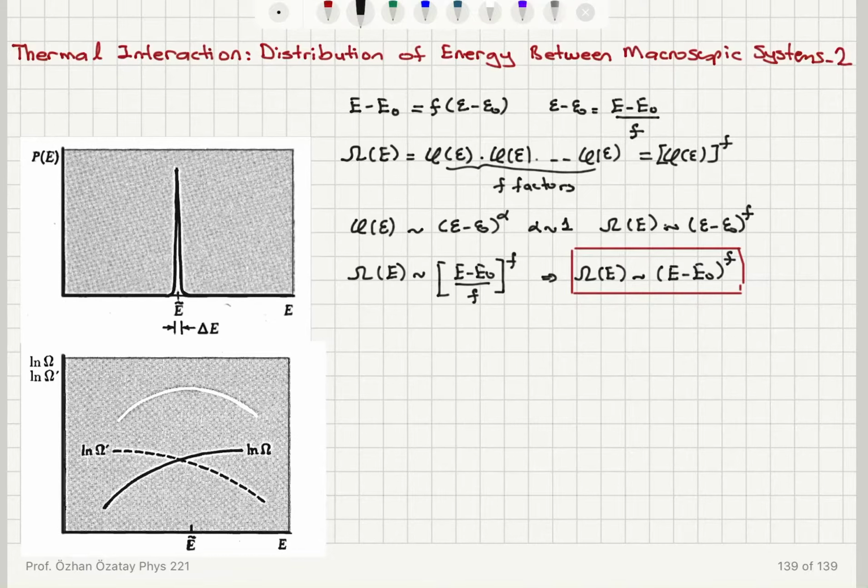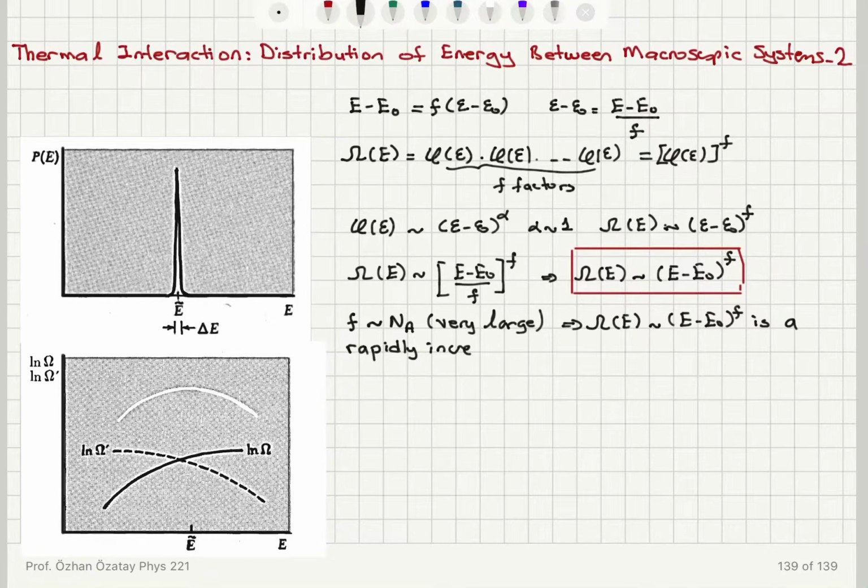Now, f is a very large number. F is of the order of Avogadro's number. It's very large, 10 to the 23 or so. Therefore, the number of accessible states, omega as a function of E, which goes as E minus E0 to the power f, is a rapidly increasing function of energy.